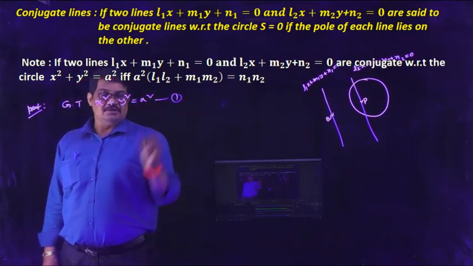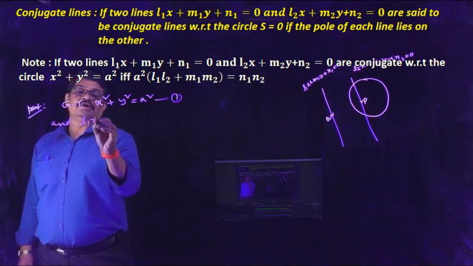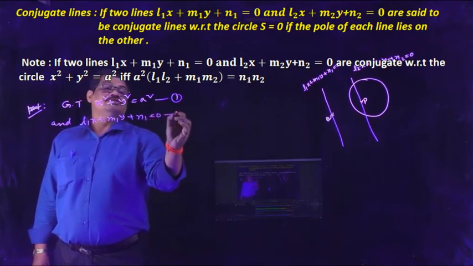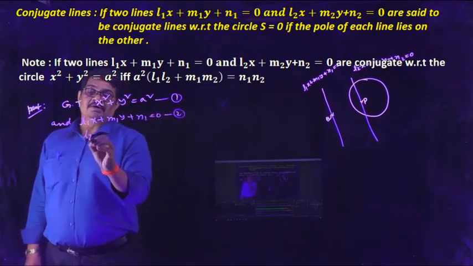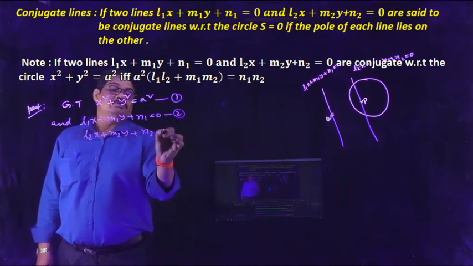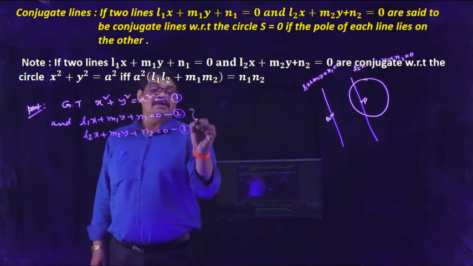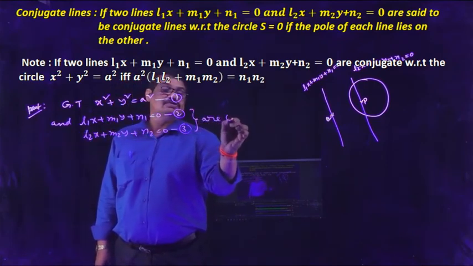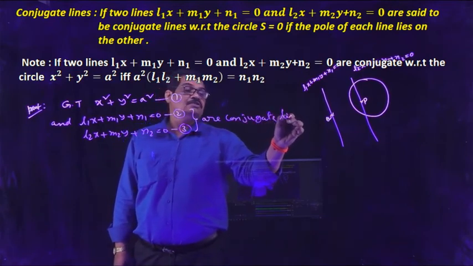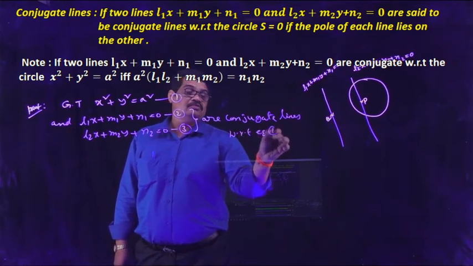So this is the equation, and given lines are L1x plus M1y plus N1 is equal to 0 is one line, and L2x plus M2y plus N2 is equal to 0 is the second line. These two are conjugate lines with respect to equation 1.